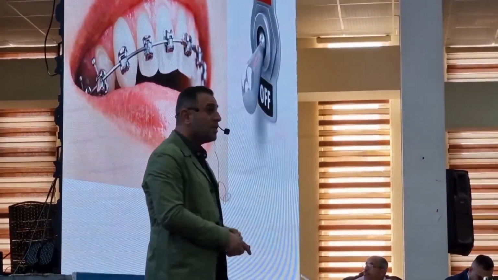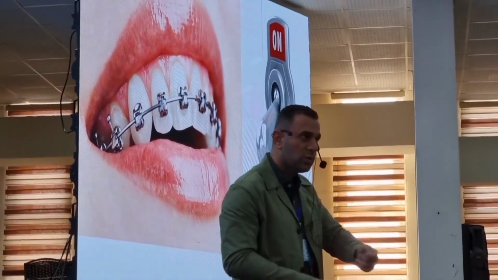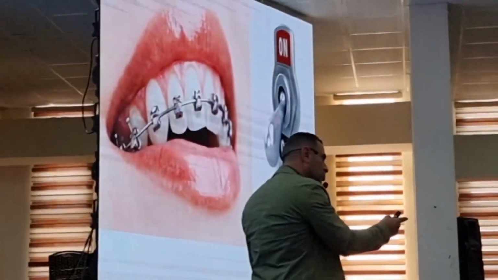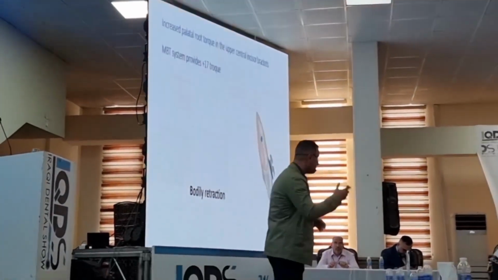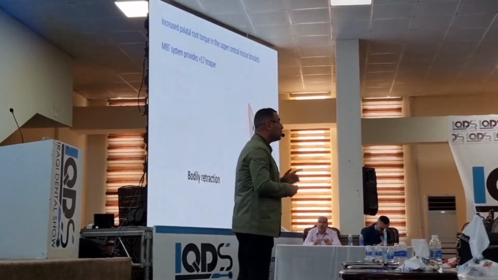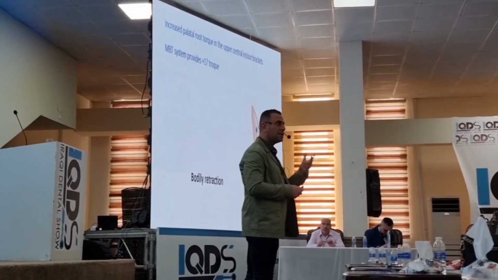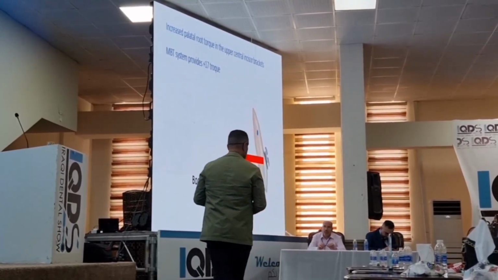Now, there is no switch button in the orthodontic appliance that you can use to adjust the appliance to do bodily movement. How can we do this? This is called biomechanics. As an MBT user, I use the MBT. Why? Because it has positive torque for the central, 17-degree torque. This will result in good movement.